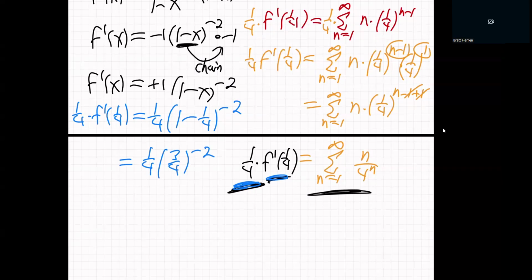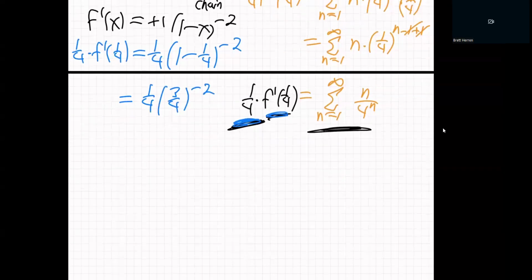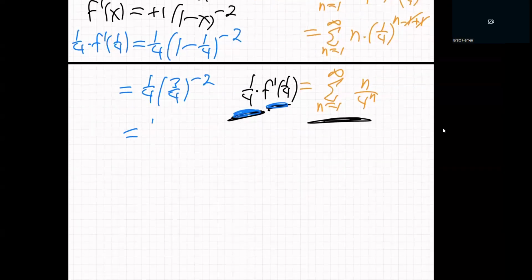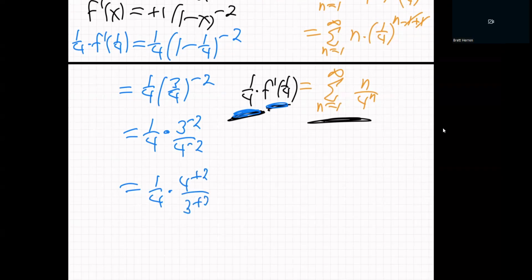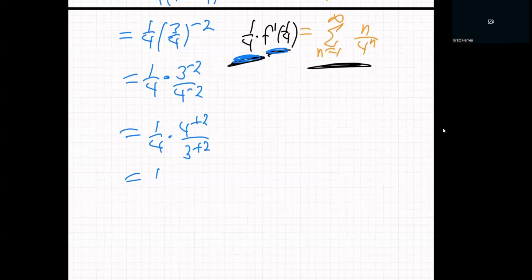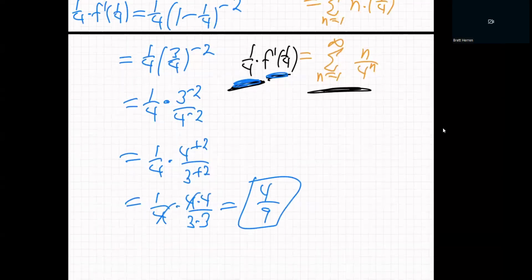One whole candy bar, take away a fourth of a candy bar, leaves you 3/4 of a candy bar. So that's equal to 1/4 times 3 to the minus 2 over 4 to the minus 2. You can flip those: 4 to the plus 2 goes up, 3 to the plus 2 goes down. So that's 1/4 times 4 squared over 3 squared, and things cancel. 4 over 9. Boom, we got the right answer.